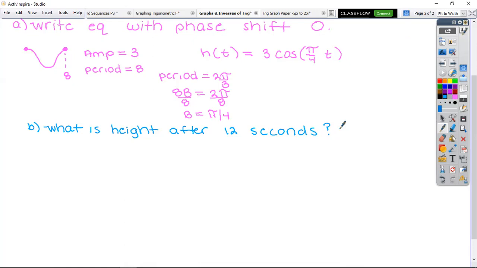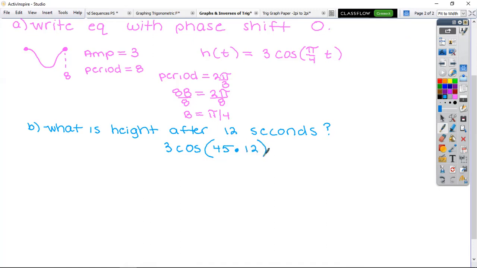However, your calculator is currently set to what mode? Degrees. So do a quick conversion so that you don't have to change your calculator. What is pi over 4 in degrees? What's 180 over 4? 45. So I'm going to go 3 cos of 45, because your calculator is in degrees currently, and then times 12 seconds.